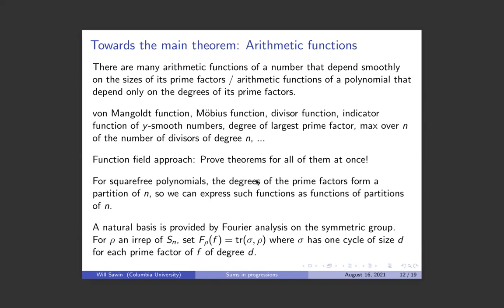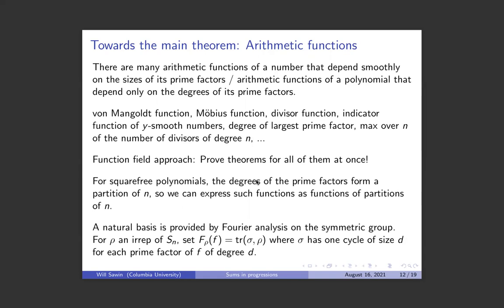The kind of arithmetic functions I'm going to sum are functions of a polynomial that depend only on the degrees of its prime factors. You can think of them as analogues of functions of an integer that depend only on the size of its prime factors, and depend very smoothly on the size of the prime factors.